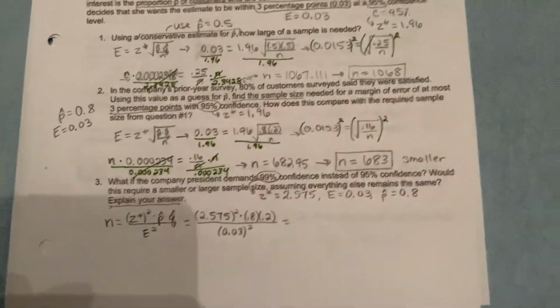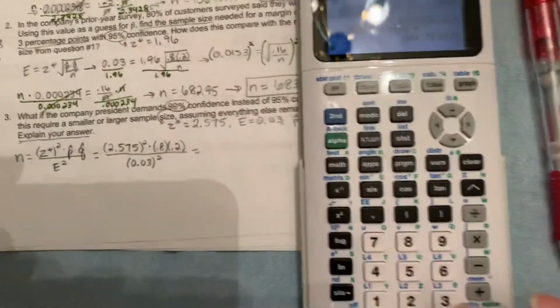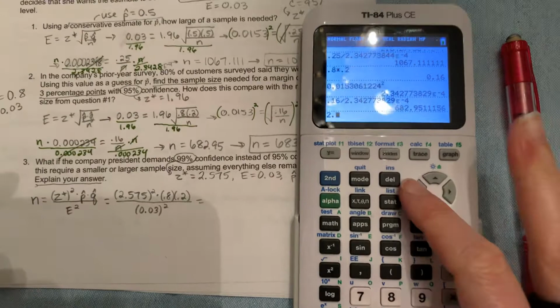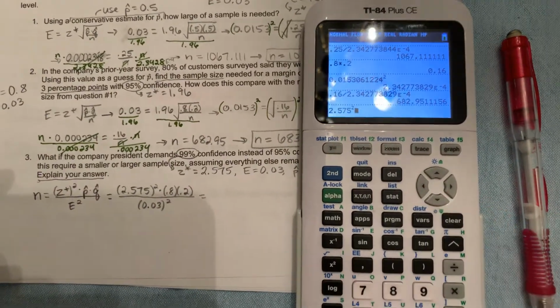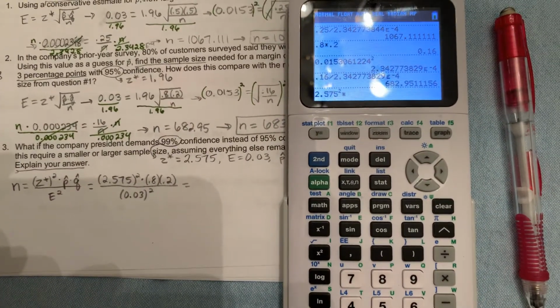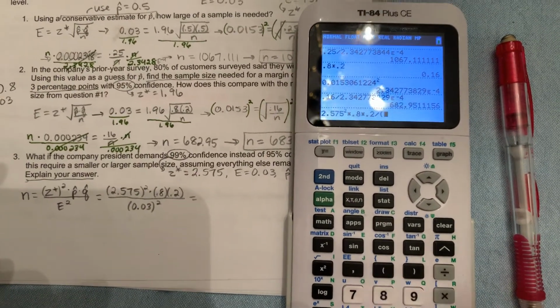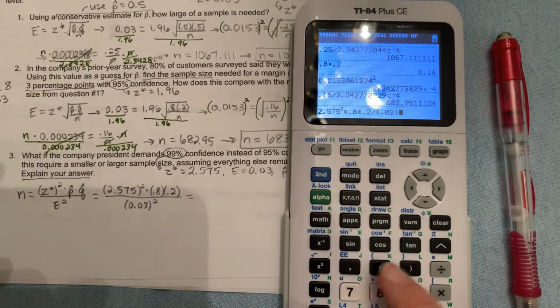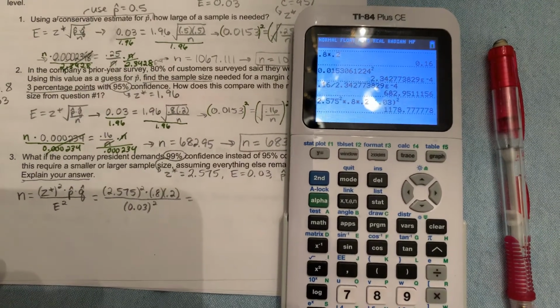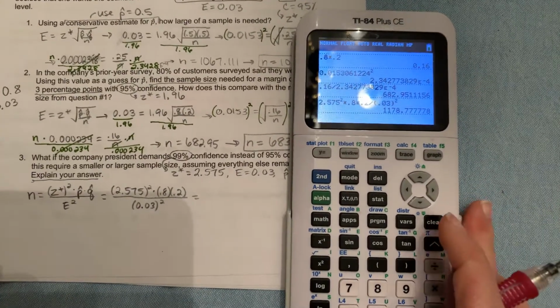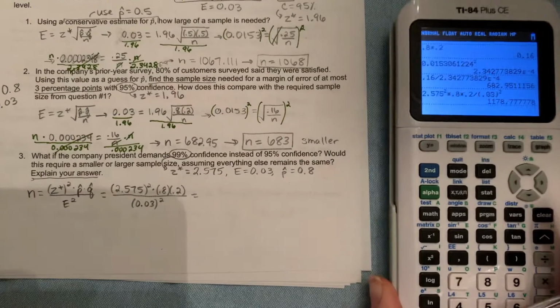Okay, I'm going to type all of that into my calculator. 2.575 squared times 0.8 times 0.2 divided by, I'm going to put it in parentheses just in case, 0.03 squared. Okay, I get 1178.77.